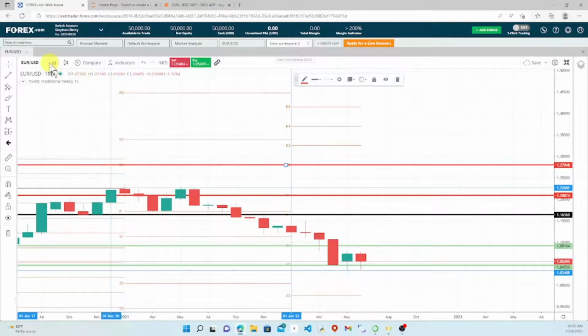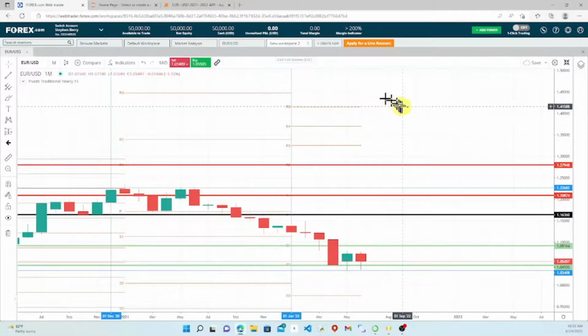This is a monthly chart. And one good thing we have going for us, we've calculated off of 2021, and we're halfway through 2022 here, so we can get an idea whether or not the Euro USD is reacting to these pivot points.